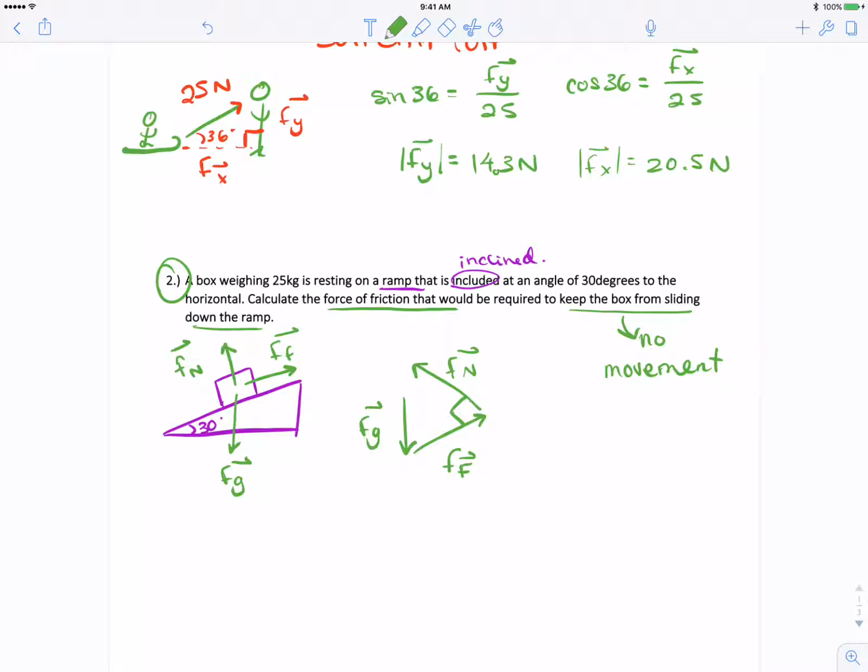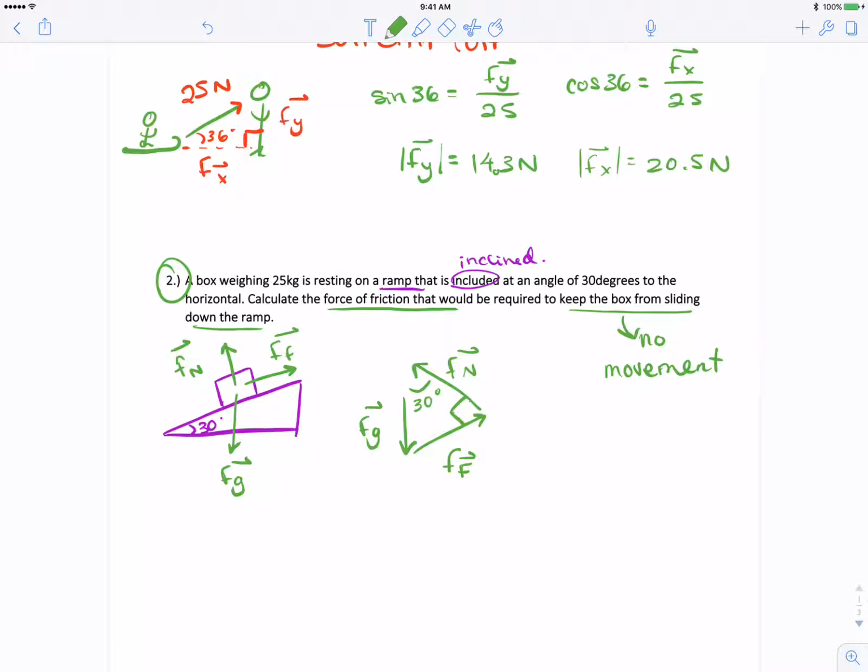All right. Now I need another interior angle. This 30 degrees is relative to the horizontal, so that 30 will be between my F of G and my F of N here. How come it's a right angle?